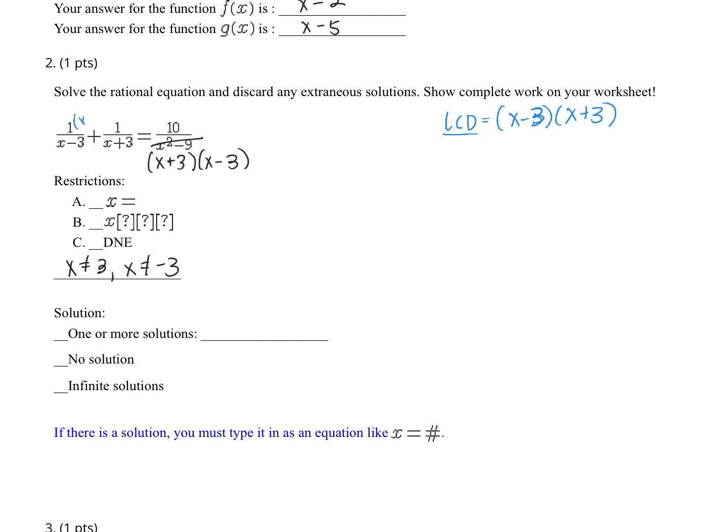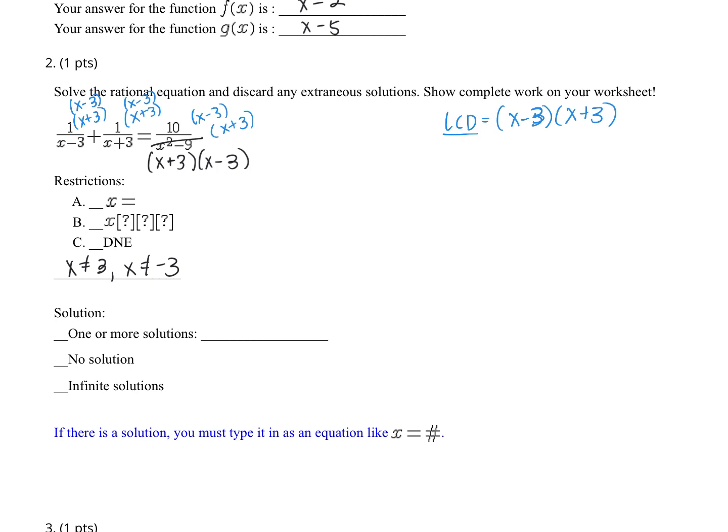The first fraction is missing x plus 3. The second fraction, whoops, I'm sorry, we don't want to multiply by what's missing. I'm thinking of something different. We want to multiply by the entire LCD. So x minus 3, x plus 3 on each fraction or each piece.